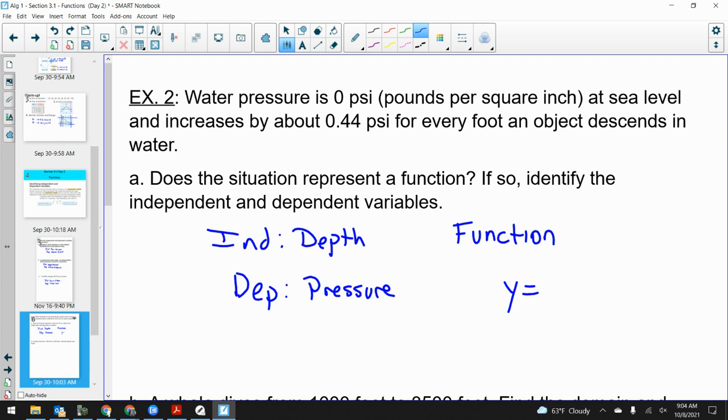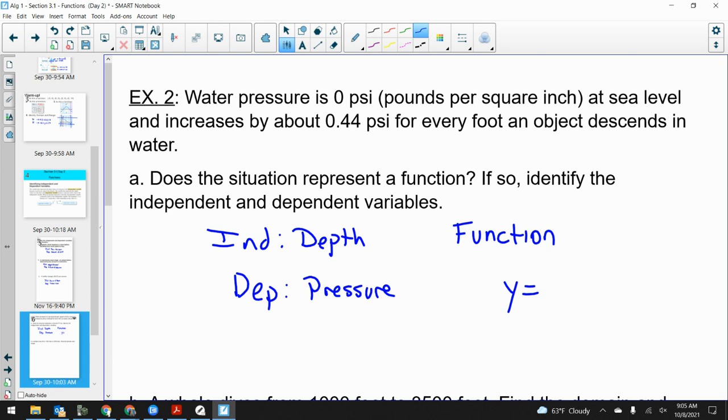Do we have enough information to write an equation here? What would be my equation? If I'm increasing 0.44 psi per foot underwater. Nathan? Never mind. What do we think? One input would be 1 foot.